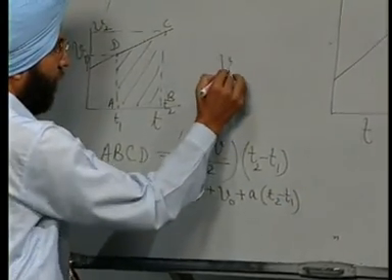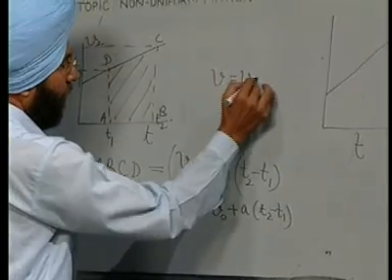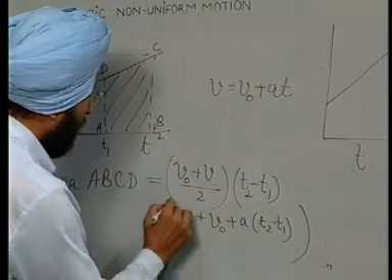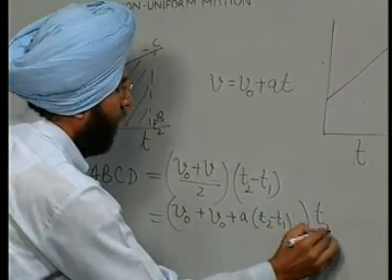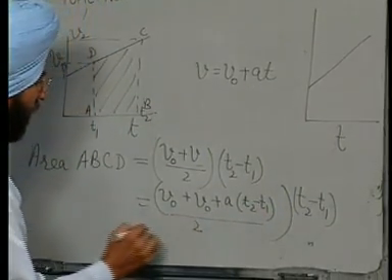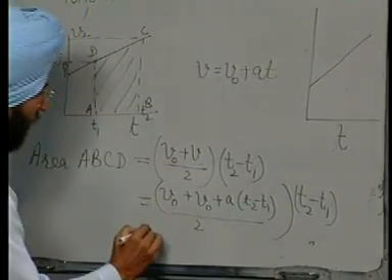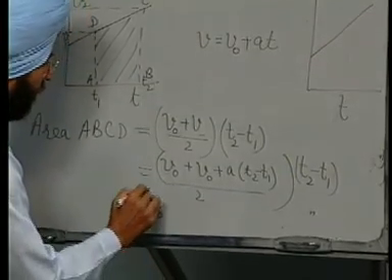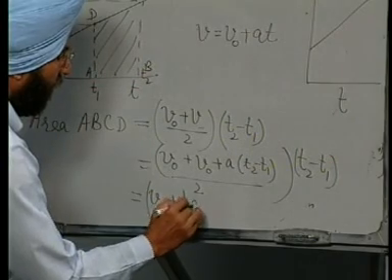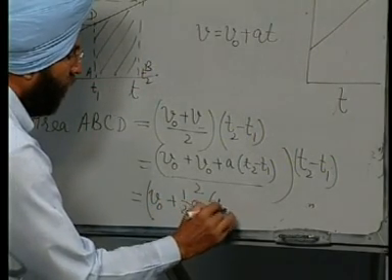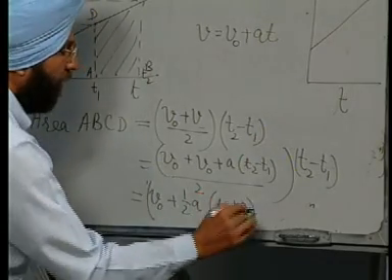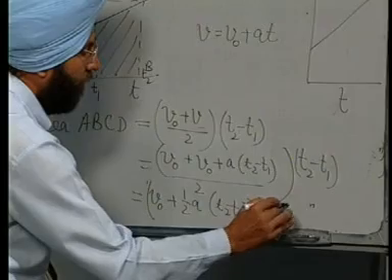Using this equation, V is equal to V naught plus A T, we have V naught plus half A (T2 minus T1), whole multiplied with (T2 minus T1).